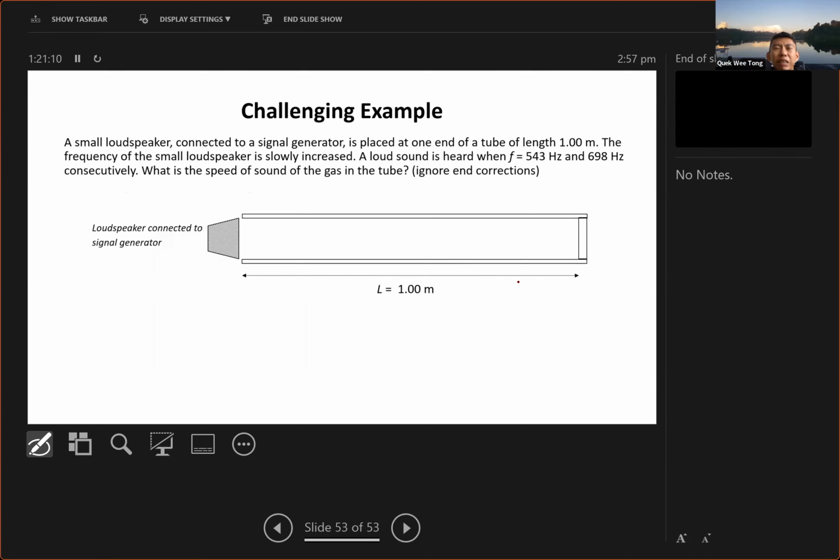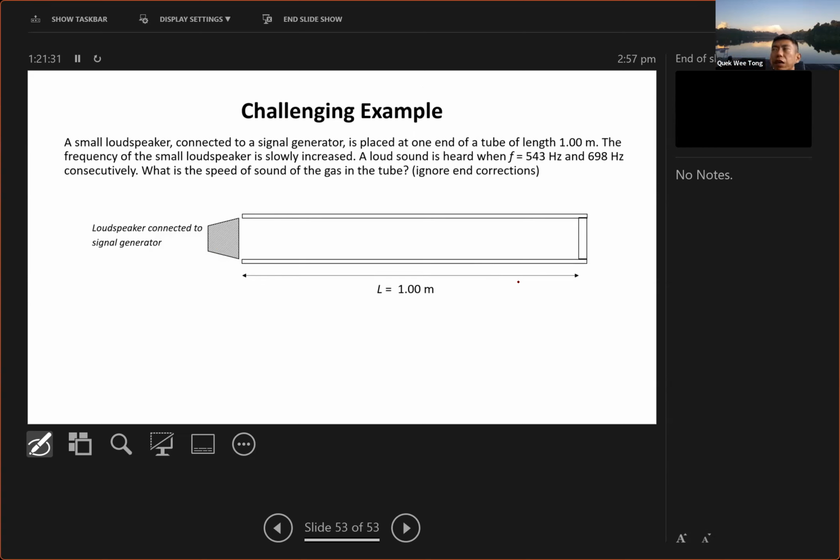Lastly, I'll give you one example to try. This is not easy. Most of the time, our problems are to do with changing the length. Maybe move the piston of the tube, or let the water drain out at the bottom.